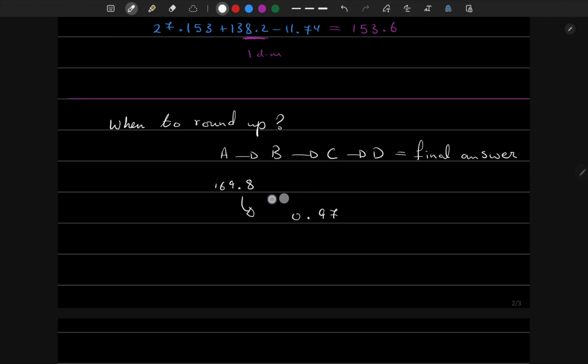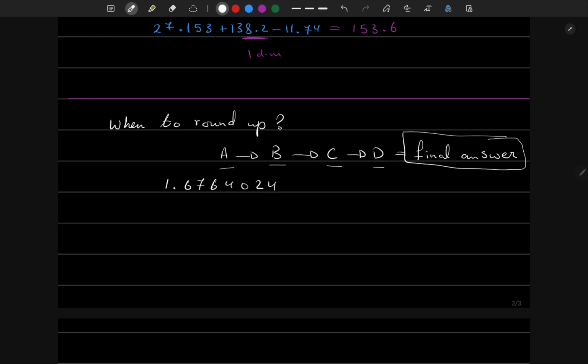So whenever you're doing a problem or a calculation that has many steps, you should not round up until you reach the final answer. So for each calculation, you're going to need to use the full number. You can save it on your calculator, or you can just write it down.